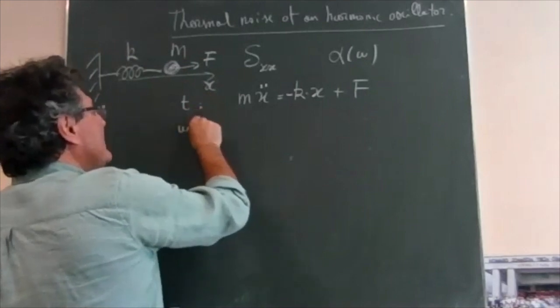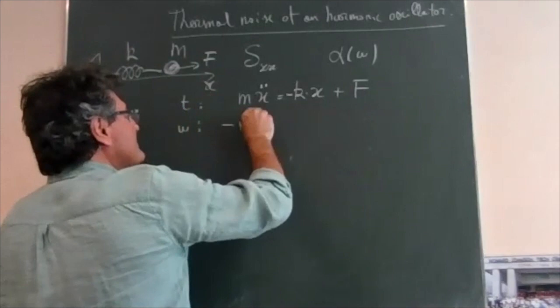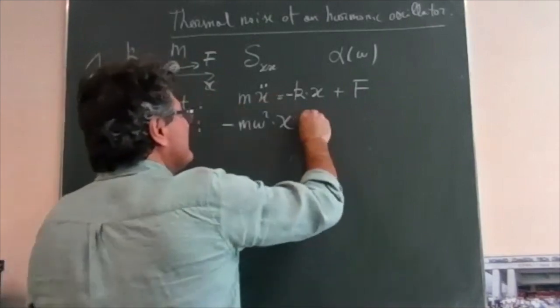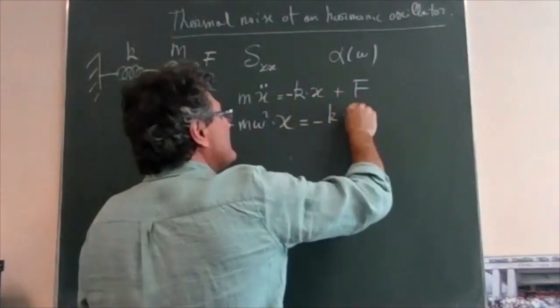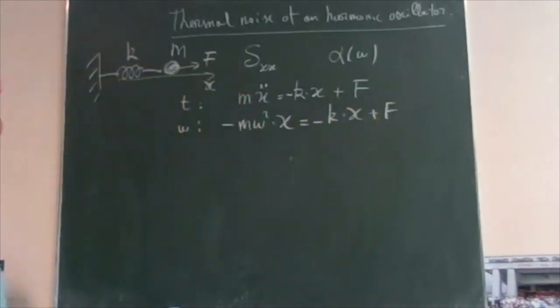In the frequency domain, this is minus m omega squared times x is equal to minus k times x plus F. Okay?